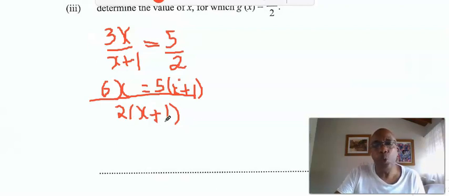So all we have to work out now, we have to solve the equation on top. 6x equals 5 times x plus 1. We'll take out the bracket first. So we're going to get 6x equals, and we multiply 5 by the terms in the bracket. 5 times x is 5x.